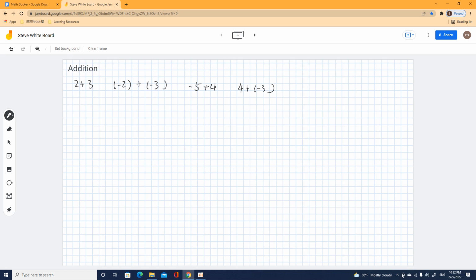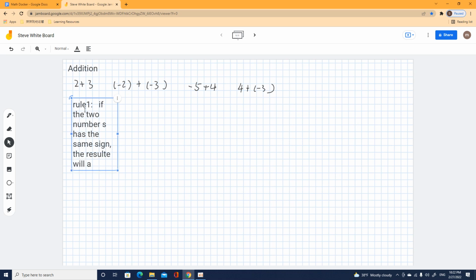Rule one. If the two numbers have the same sign, the result will also have the same sign.